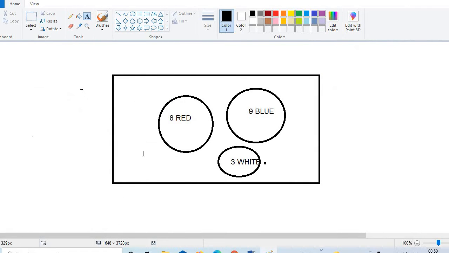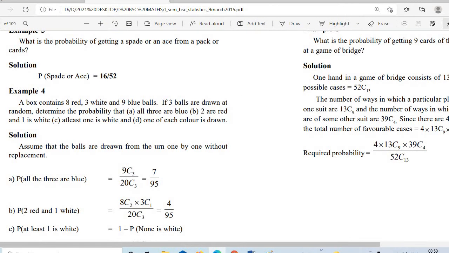So we can select 3 balls from 9 blue balls in 9C3 ways. And the total we have 8 plus 9, 16 plus 4, 20 balls. So from 20 balls we can select 3 balls in 20C3 ways.